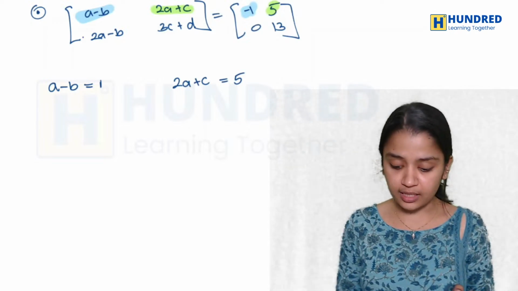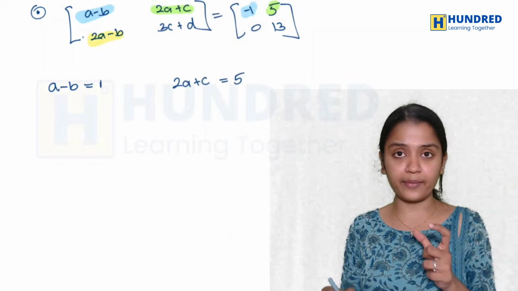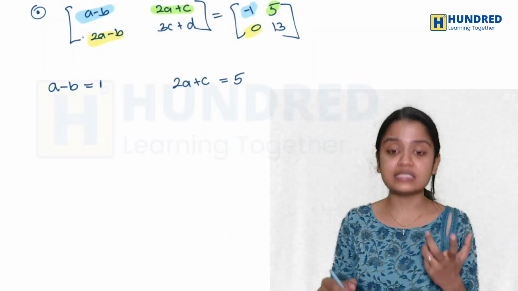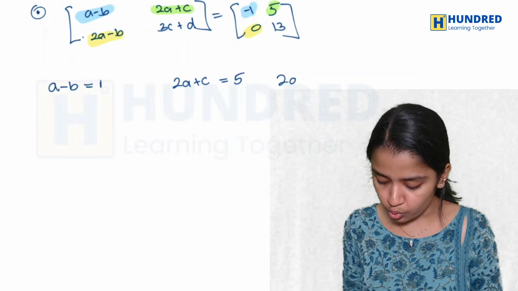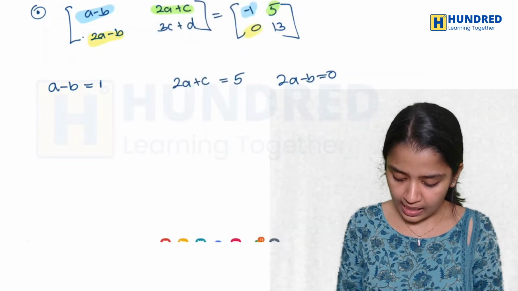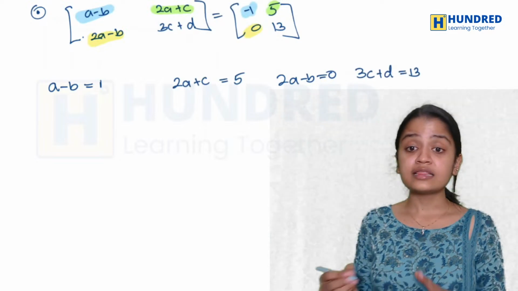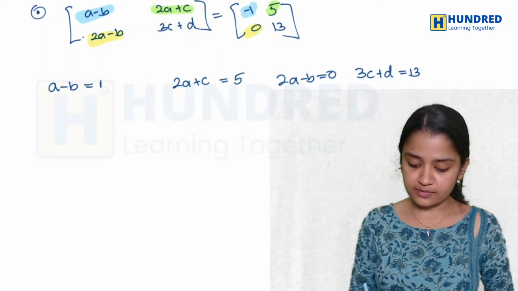Now what about the third element? 2A minus B is equal to 0. Now my last element is 3C plus D is equal to 13. So these are my equations.